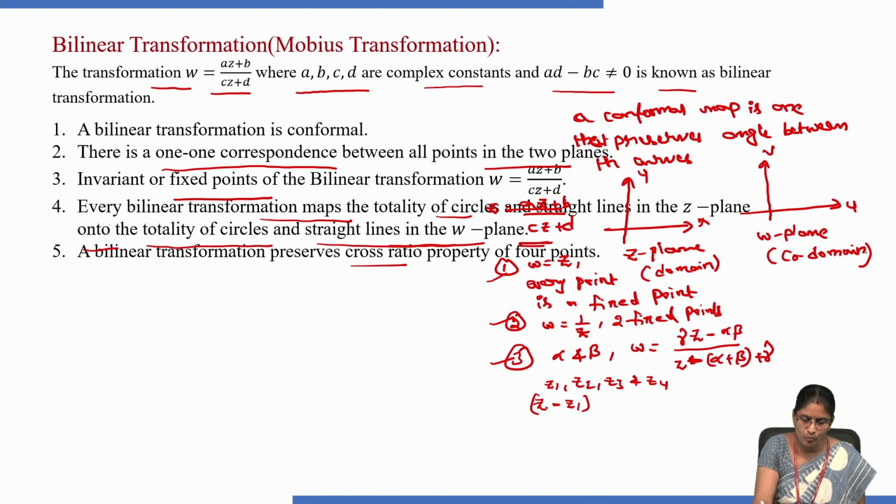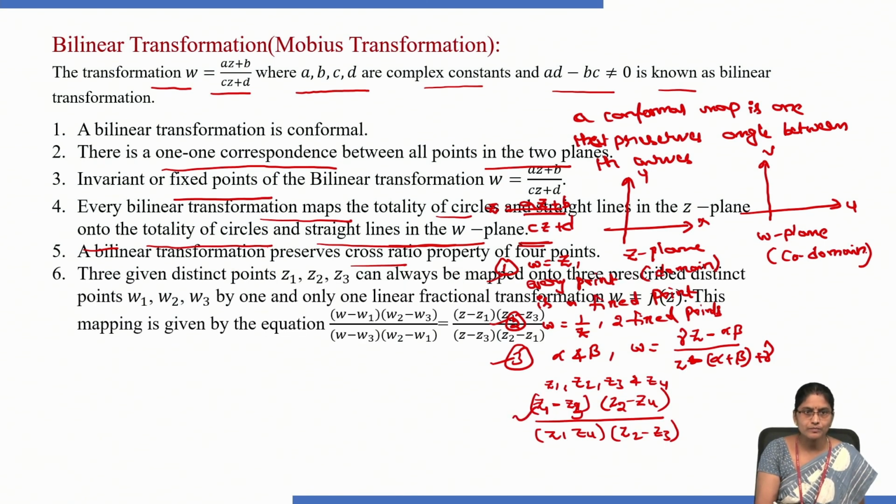So cross ratio of 4 points is Z1 minus Z2, Z1 minus Z3, Z2 minus Z4 by Z1 minus Z4 into Z2 minus Z3. So this is the formula for cross ratio property of 4 points.